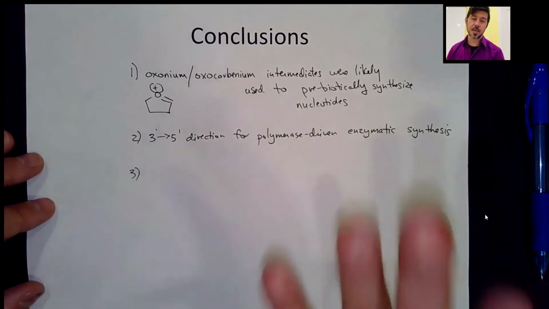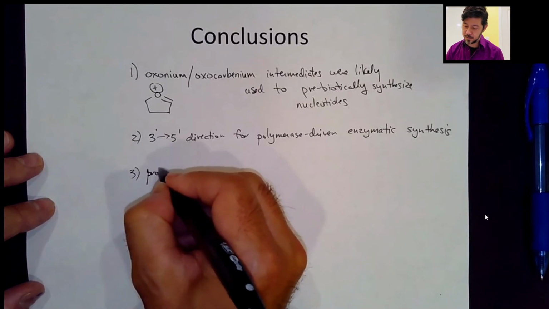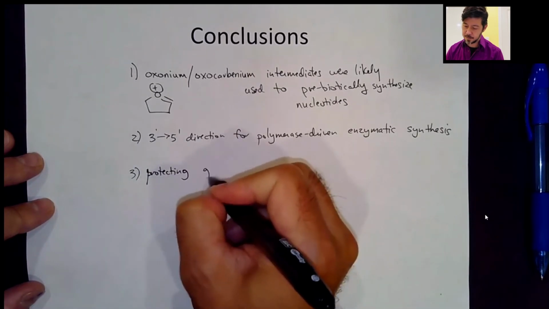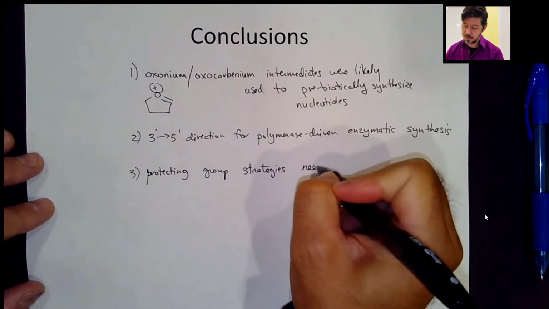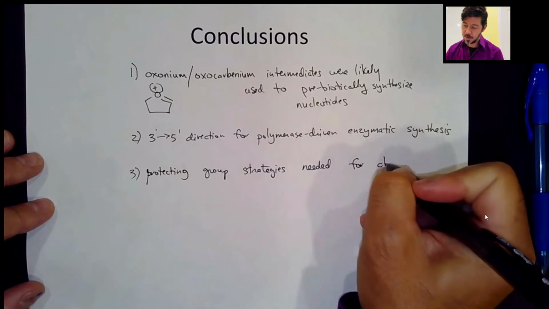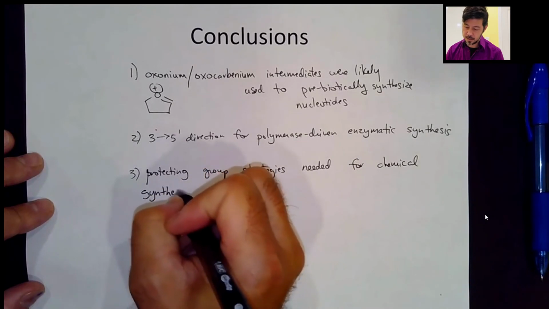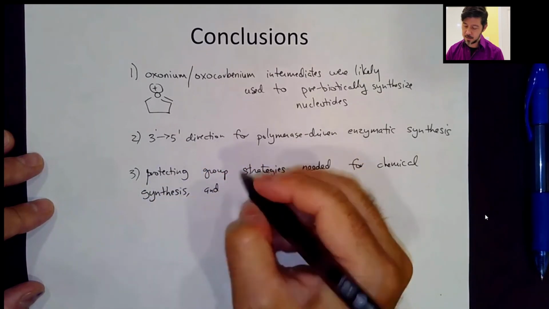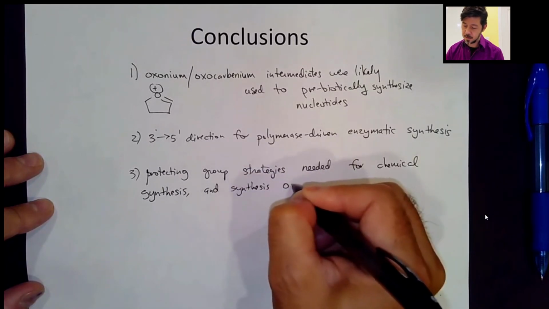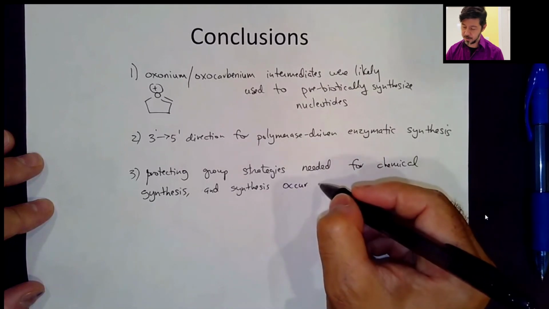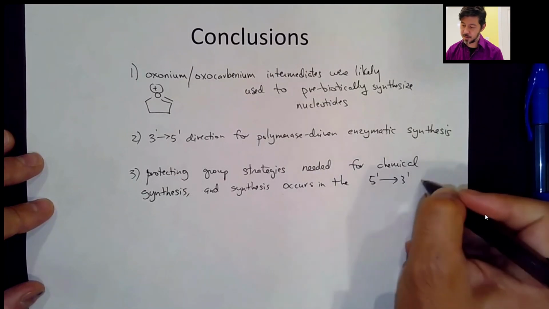We had to talk about protecting groups, analogous to peptide synthesis. Protecting group strategies are needed for chemical synthesis. And synthesis occurs in the opposite direction from biological synthesis, so the 5' to 3' direction.